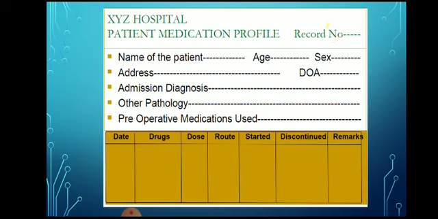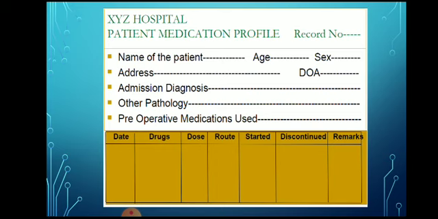Record number, name of patient, age, sex, then address of the patient, date of admission to the hospital, then the diagnosis at the time of admission, which is called the admission diagnosis, and other pathological symptoms or what diagnostic tests have been done. Then pre-operative medications, if any, used by the patient. So there is a specific table in which you can note this down.